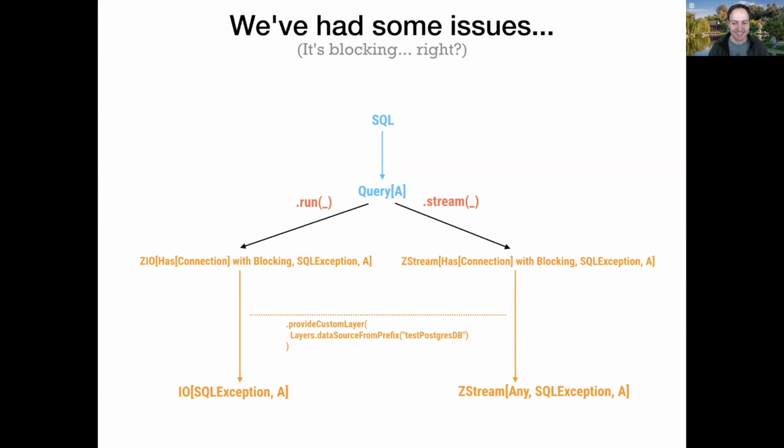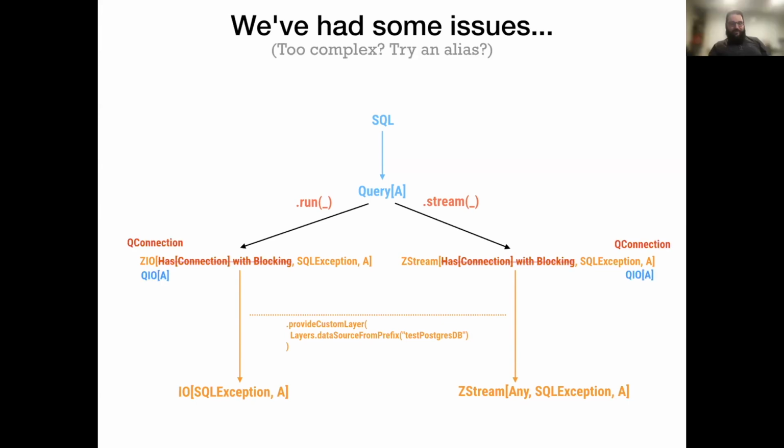So we couldn't really do it like this. And then also we said, well, this connection with blocking thing is a bit of a mouthful, so let's call it Q connection, and then let's call the whole thing a QIO of A. And that turned out to be a serious mistake.